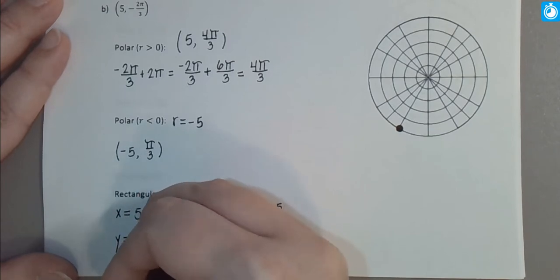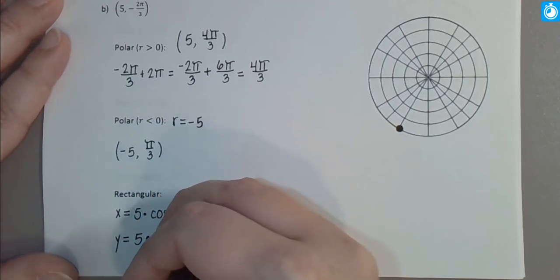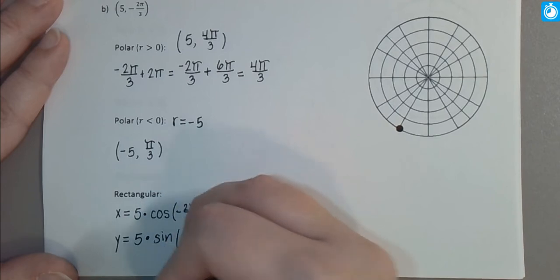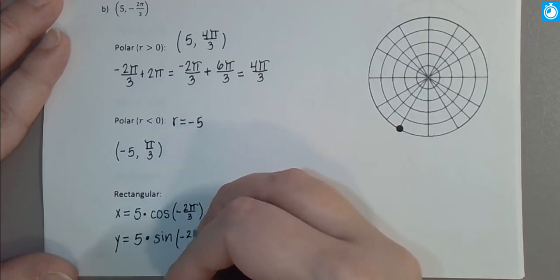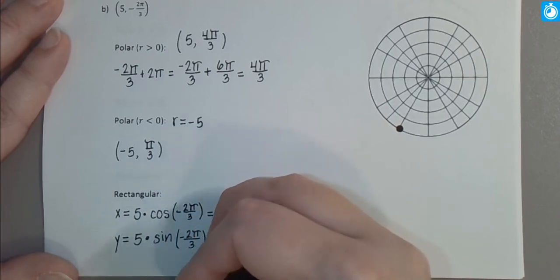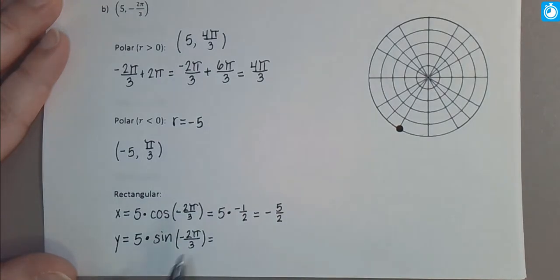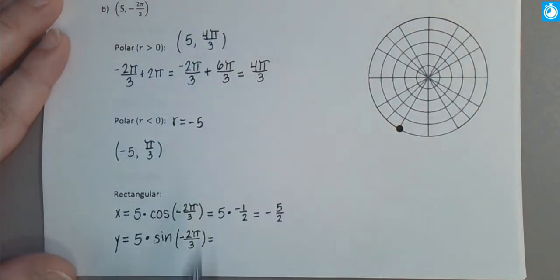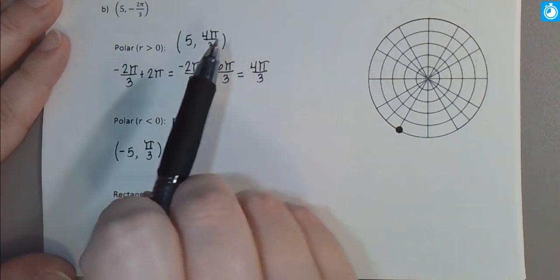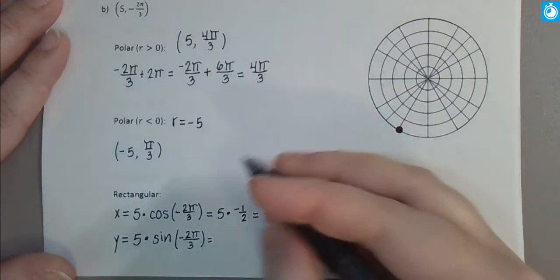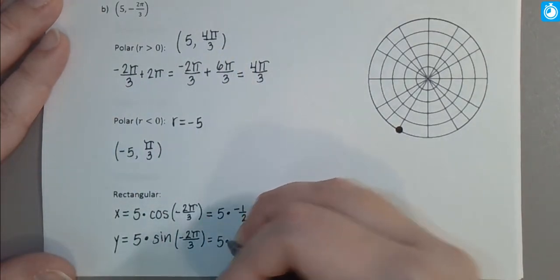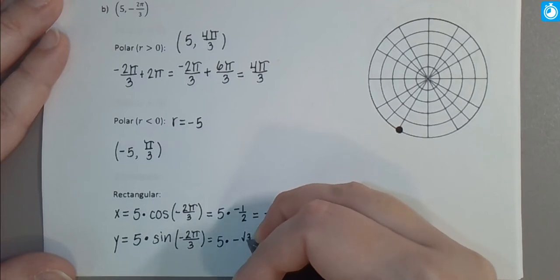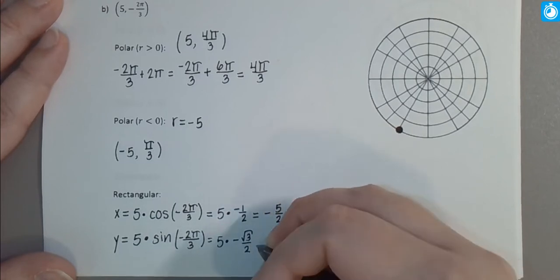So y is going to be r times the sine of our angle. And again, rather than thinking of it as negative 2 pi over 3, a coterminal angle to that is 4 pi over 3. So we know those two angles, those two radian measures, have all the same trigonometric values, and the sine at 4 pi over 3 is going to be negative root 3 over 2.